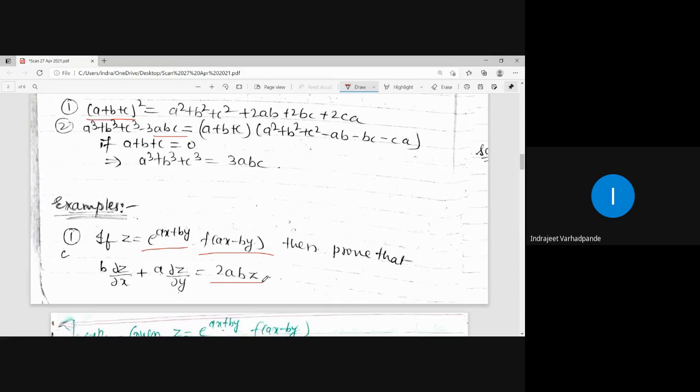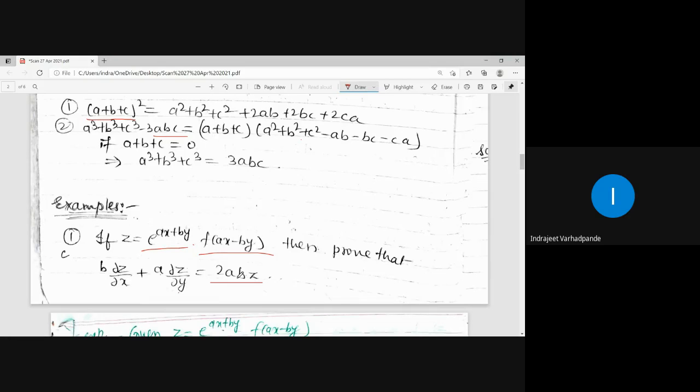The very first example related to the partial differentiation is if z is equal to e to the power ax plus by into f of ax minus by, then prove that b into del z by del x plus a into del z by del y is equal to 2abz.